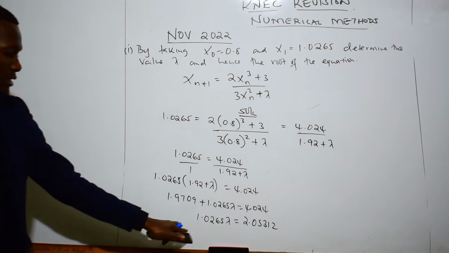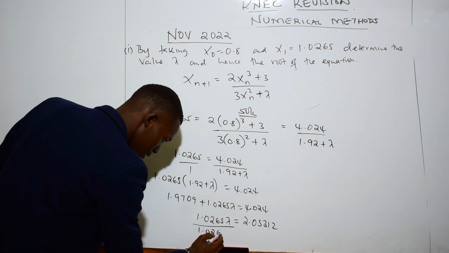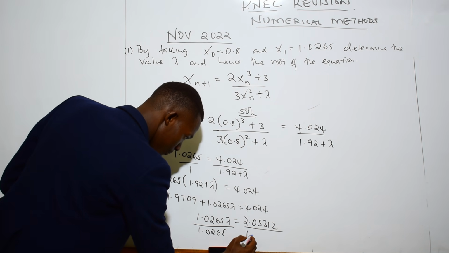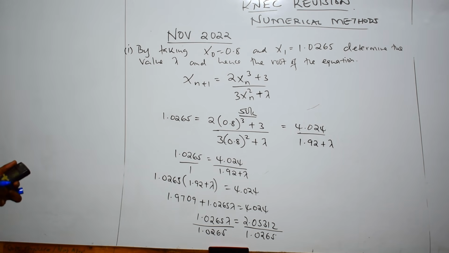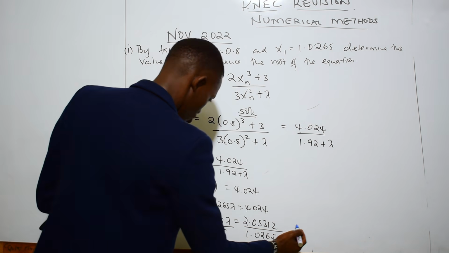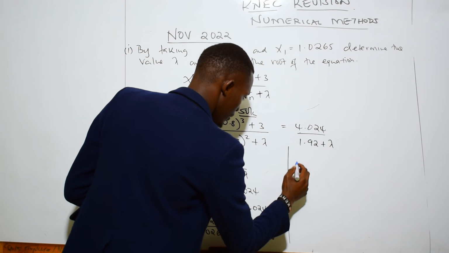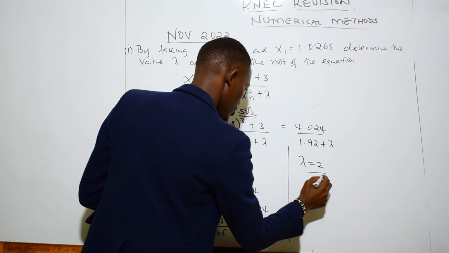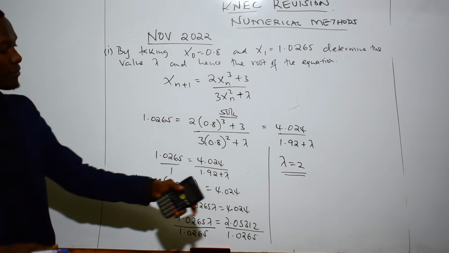Now divide both sides by this constant here, 1.0265. So we get our answer as 2. So therefore our lambda value is given by 2. That is correct to 3 decimal places. So we now have the value of lambda.